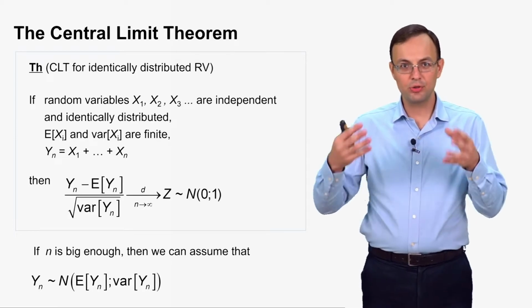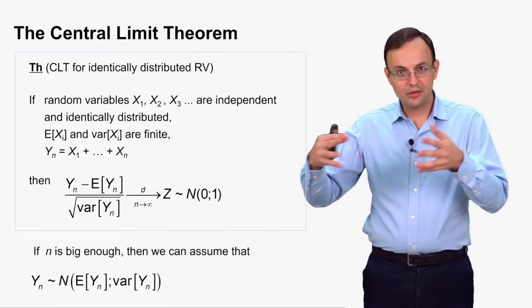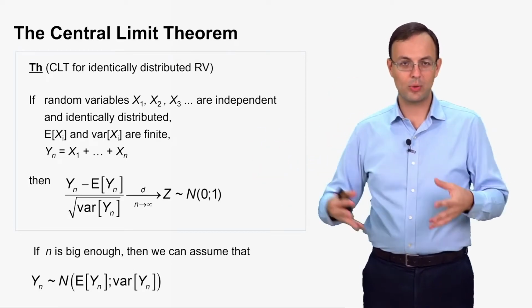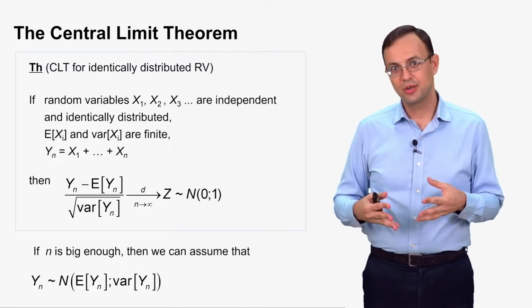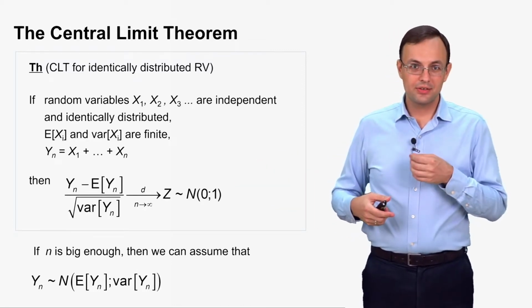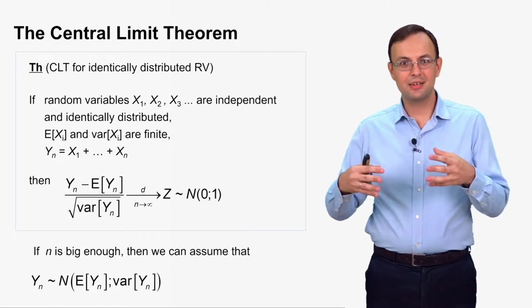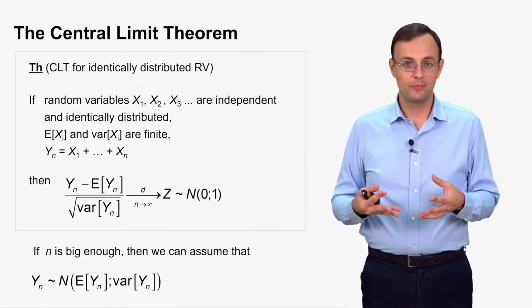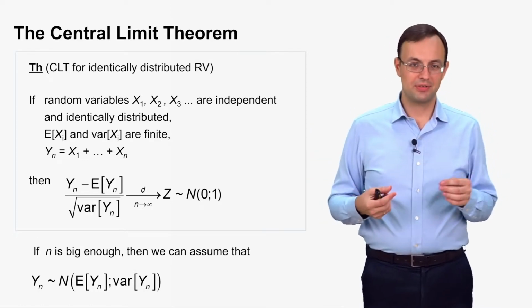So the distribution of the sum is getting closer and closer to the normal distribution. So you can deal with this like with a physical law. That is why it is very interesting. Let us see how the central limit theorem can be applied to calculate different probabilities.